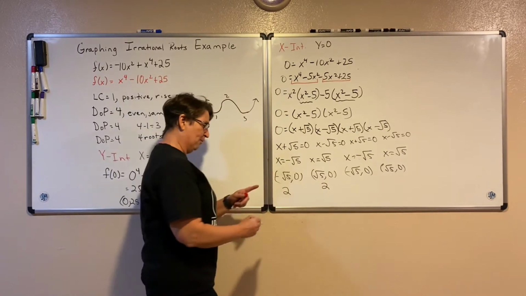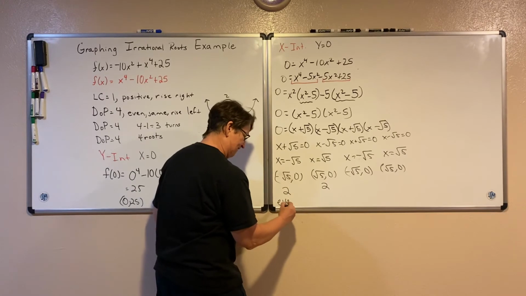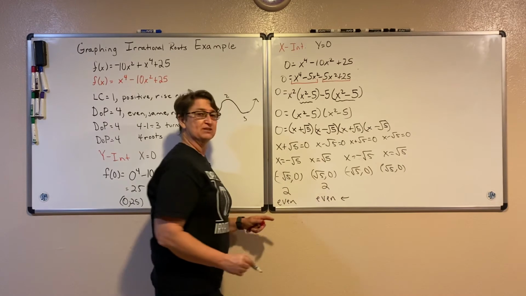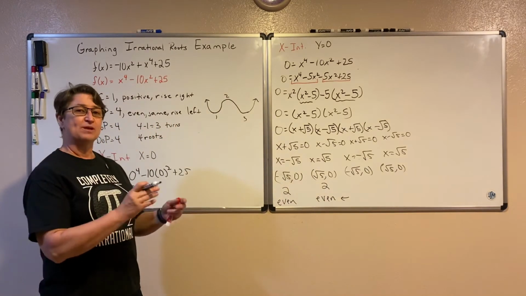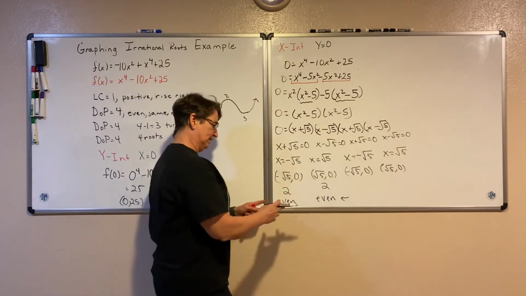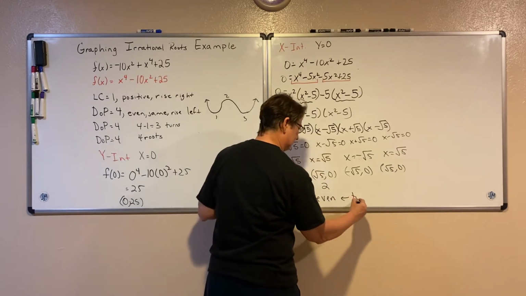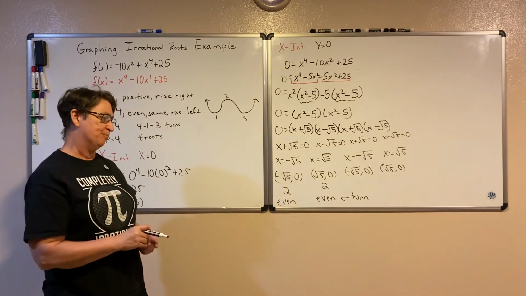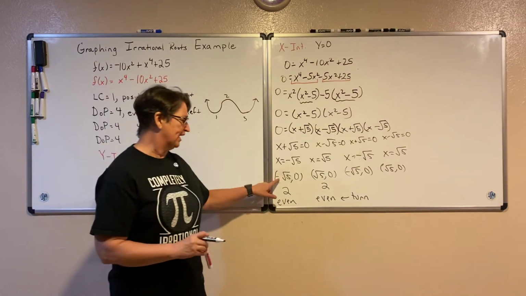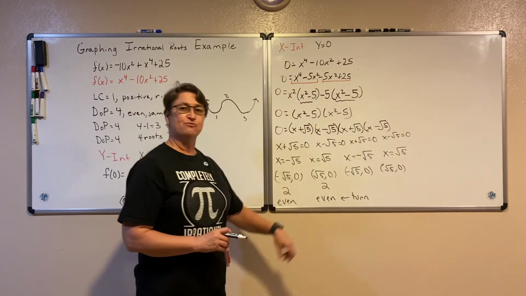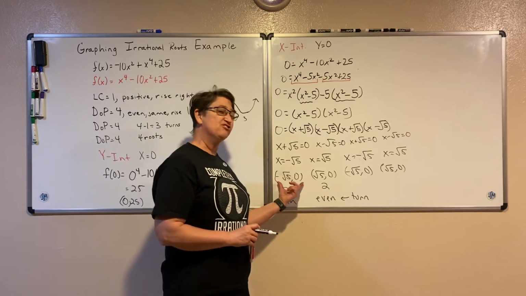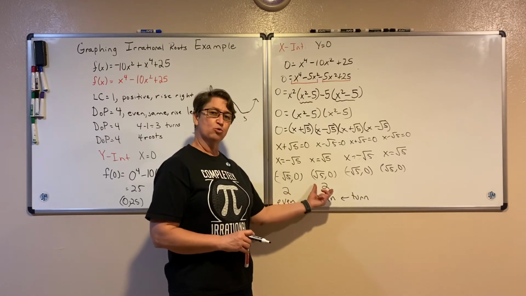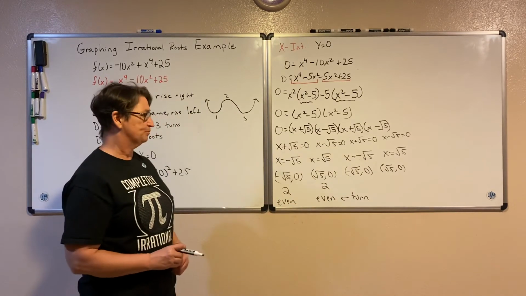Remember that when our multiplicity is even, and in both cases these are even, that tells me it's going to turn around at that point. So at both of these points, it's going to hit that point and turn around, at both the negative square root of 5, 0, and square root of 5, 0. We say this is a double root because its multiplicity is 2. And this is a double root because its multiplicity is 2.